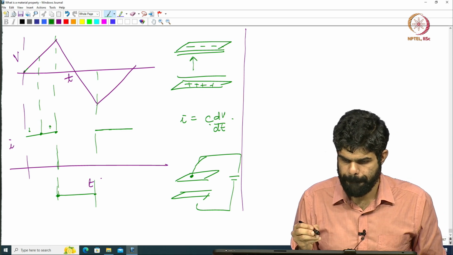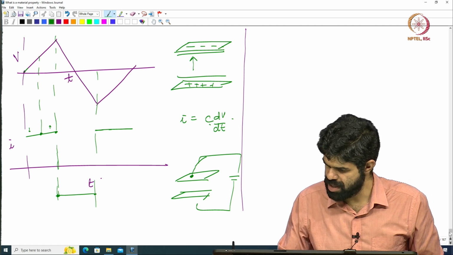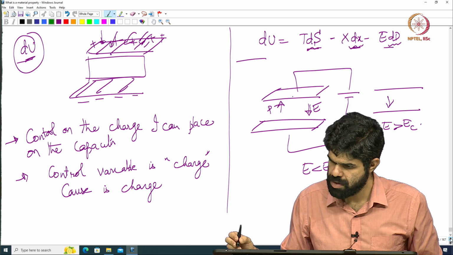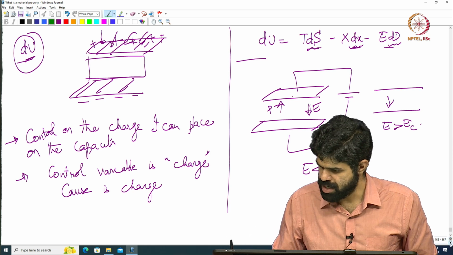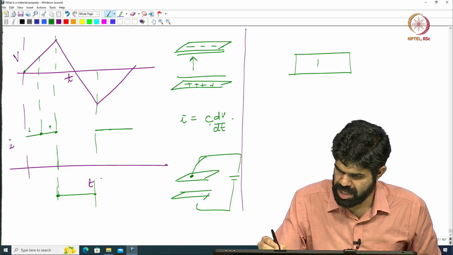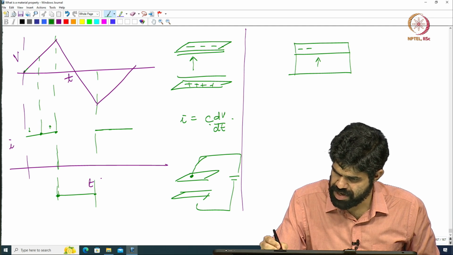Now, let me just reconfirm. Okay. So, let us do it properly. If I have a capacitor where polarization is pointing up, on this terminal I have negative charges.